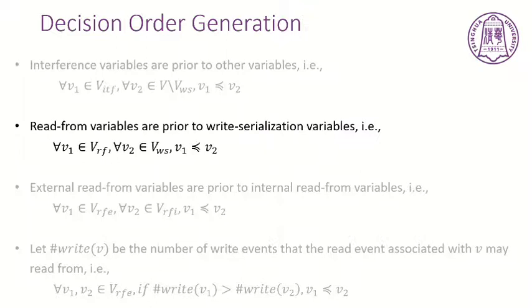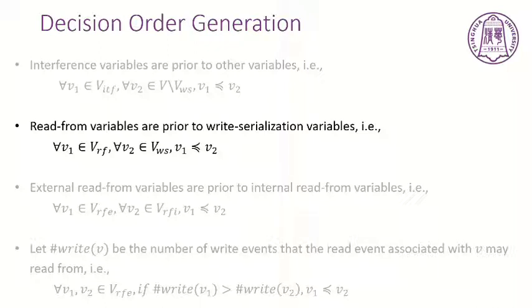Then there are two kinds of interference variables, that is, the read-from variables and the write serialization variables. It can be observed that read-from variables can not only dominate the order of memory access events, they can also determine some valuations of program statement variables in VSSA.